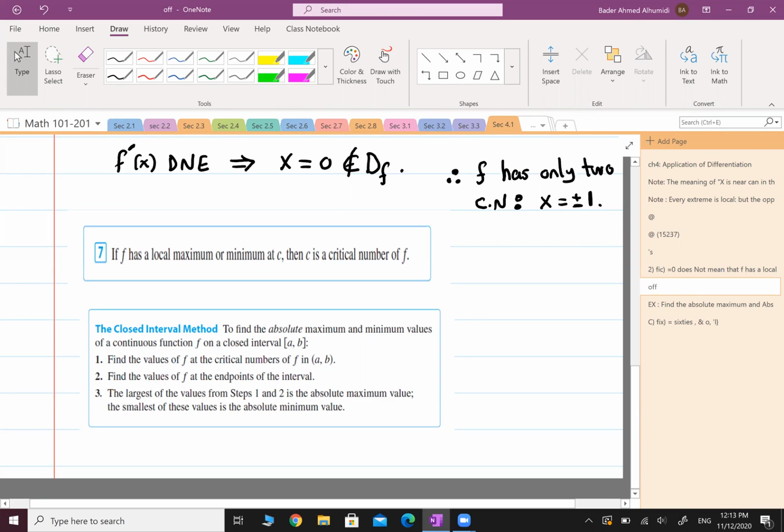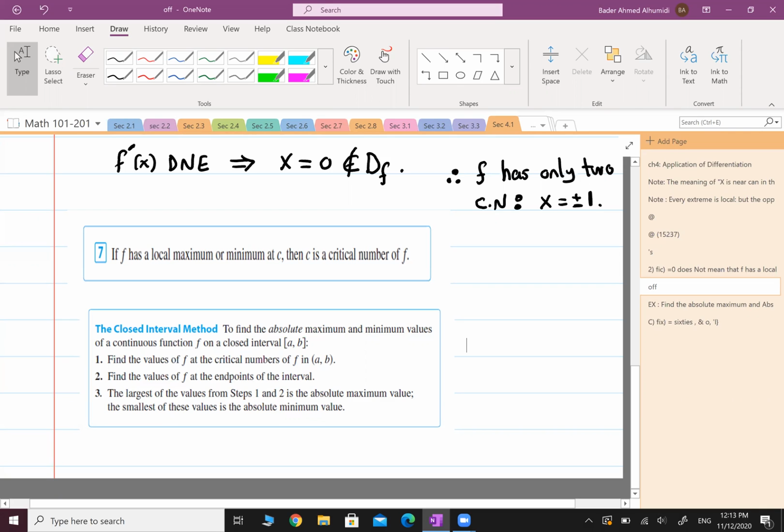By the end of the class today, by the end of this section, we will have a strategy for how to find the absolute maximum and absolute minimum. And yesterday I said 100% you will have a question in the final asking you about this method, which is called the closed interval method.